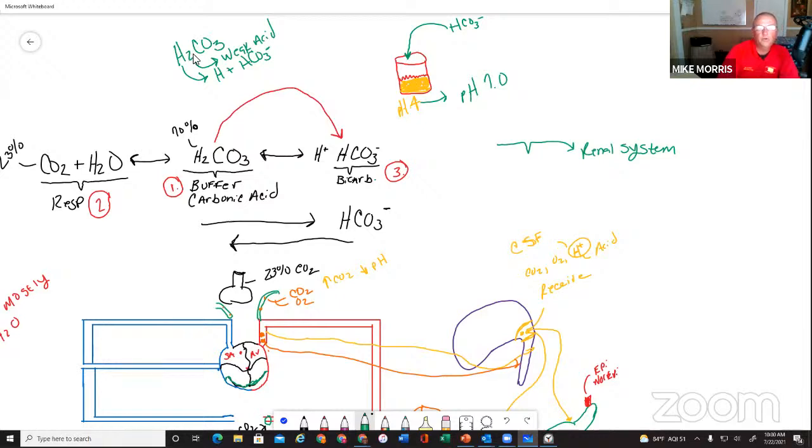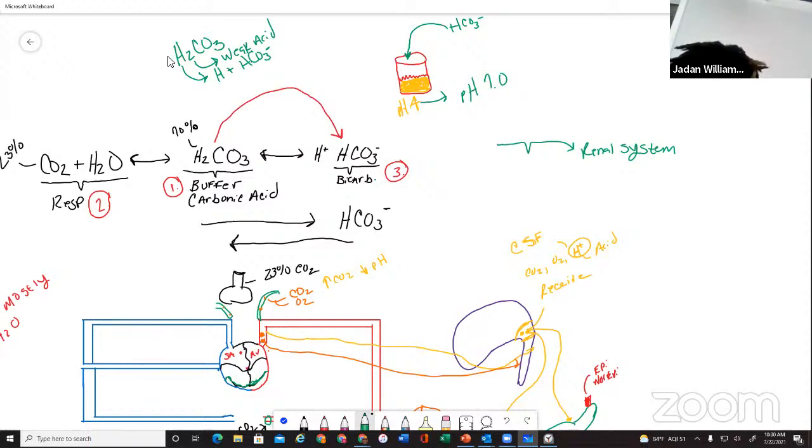If we're too alkalotic, it can become an acid. So it can be whatever you want it to be at a moment's notice. And so that's why it's the fastest. It's the most versatile, and the body's using it all the time.